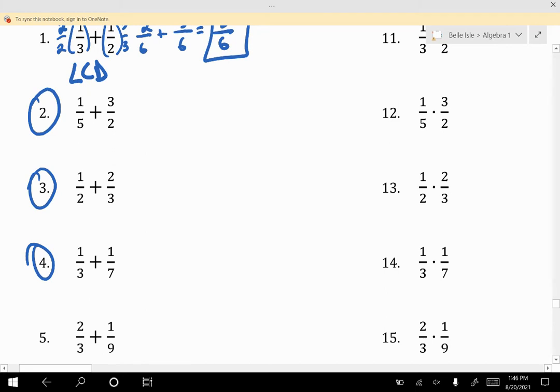I'm going to start putting the solutions up here in just a second. You don't look up till you're ready to check yourself.